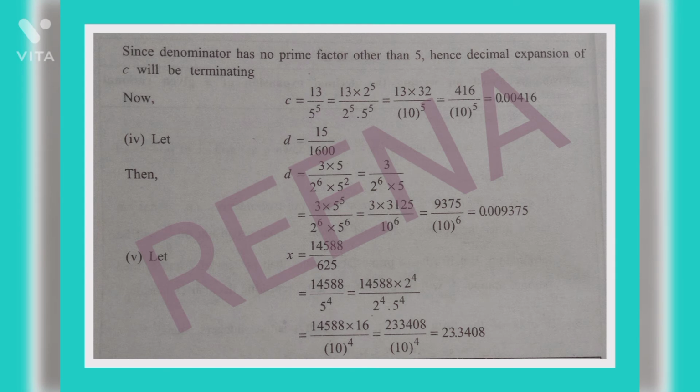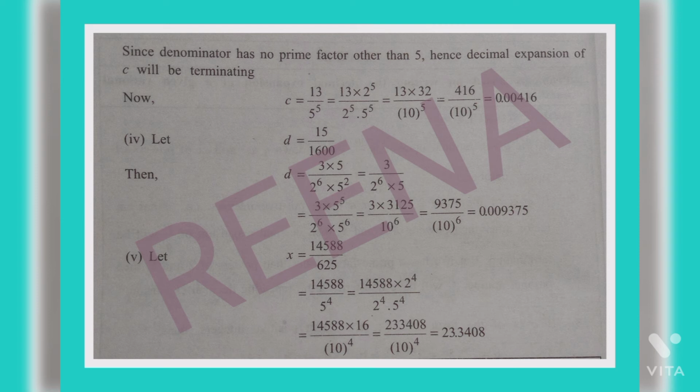So I multiply 5 raised to the power 5 in numerator as well as denominator, and because the denominator already has one 5, adding 5 raised to the power 5 with 5 raised to the power 1, it will become 5 raised to the power 6, and as a decimal expression we get the answer 0.09375.